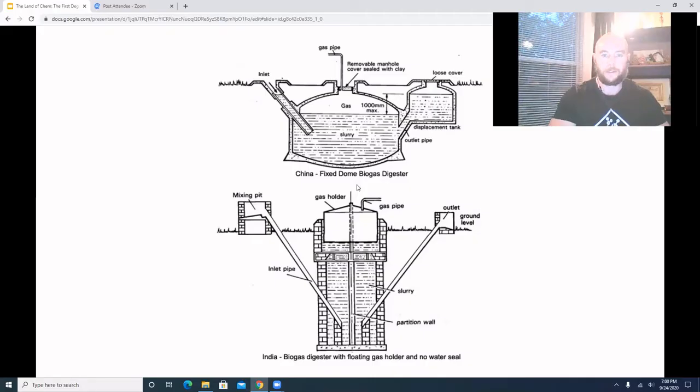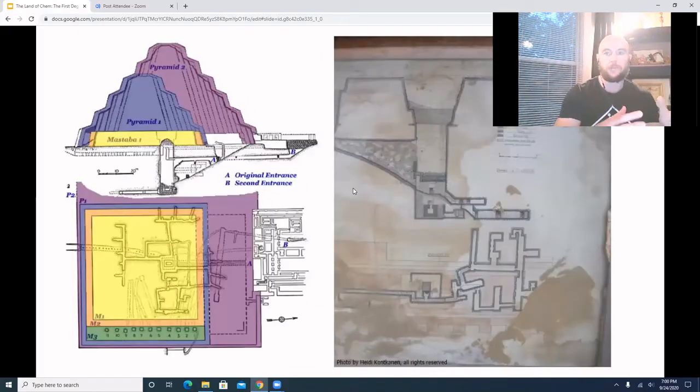Okay, so keeping in mind the configuration of these modern biogas digesters, let's compare this to the configuration of the step pyramid. And one important thing to remember is that the step pyramid was not always a step pyramid. The structure was originally a single level platform, which they called a mastaba.